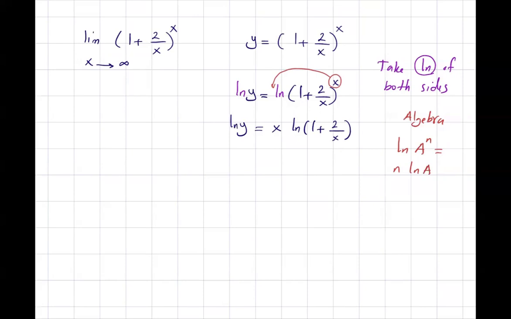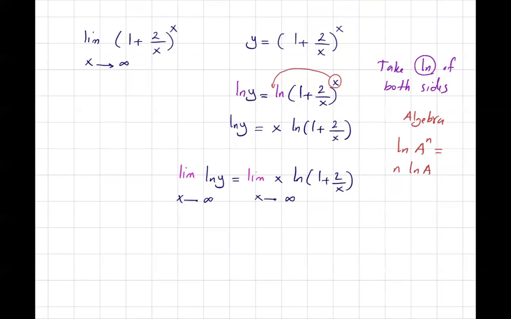So now if you take the limit of the ln on the right and the limit of the ln on the left, what do we see? The limit of ln y as x goes to infinity is equal to the limit of x times ln(1 + 2/x) as x goes to infinity.